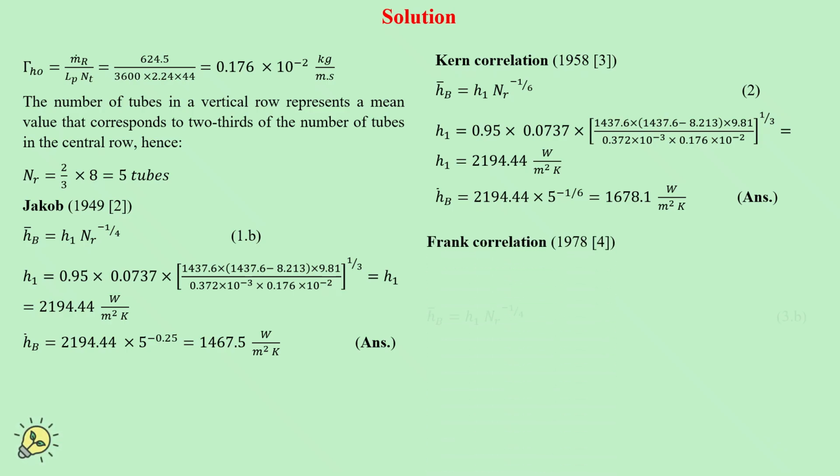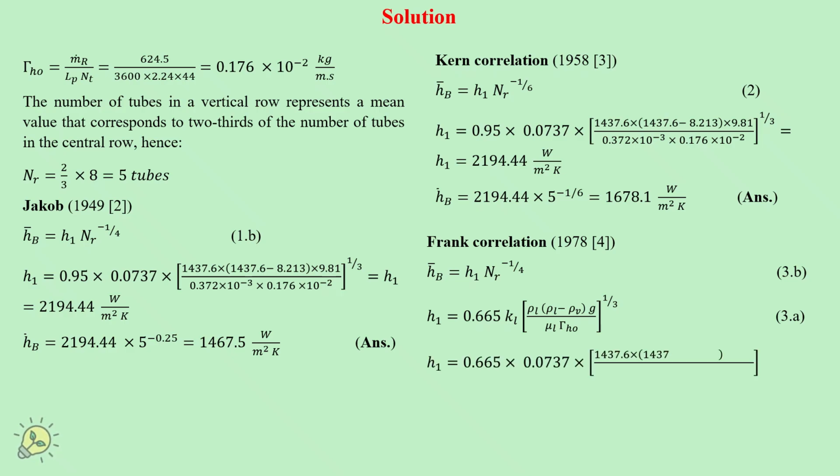Then the Frank correlation in 1978, we have N_R to the power minus quarter, and we should multiply h1 by the coefficient 0.95 by 0.7 to be 0.665, and then we will get h1 as 0.665 times k_L times the bracket to the power 1/3.